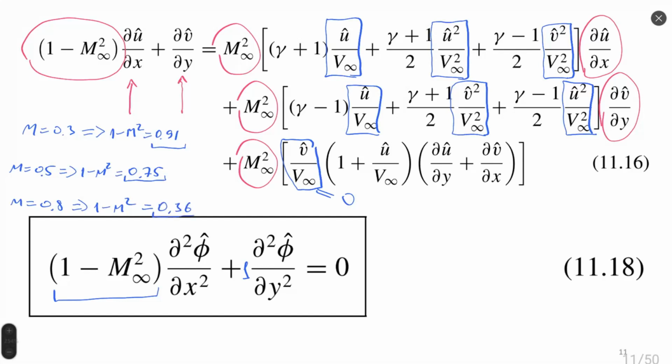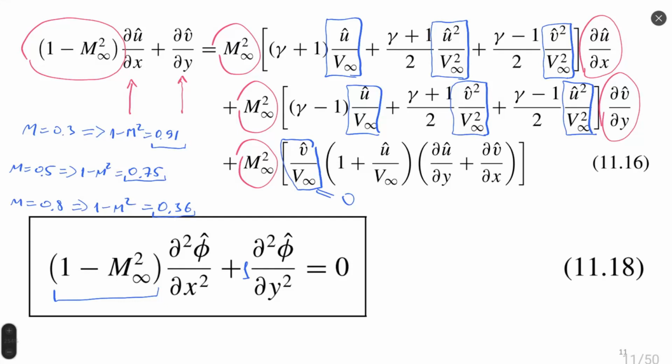Already a small value. So such a comparison of 3 different coefficients before the second derivative in the x direction shows us that for compressible flow, and especially for transonic flow, the change of equation 18 with respect to the incompressible form is significant.